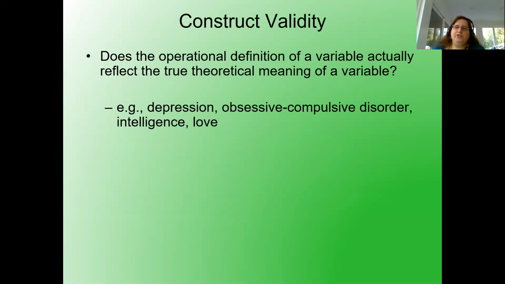And now we have to ask ourselves the question, well, did we do that right? Did we do a good job with that? So when you think about the following constructs, depression, obsessive compulsive disorder, intelligence, love, when you think about measures to actually assess these constructs, are they getting it right? Are they reflecting the true theoretical meaning of these constructs? Okay.